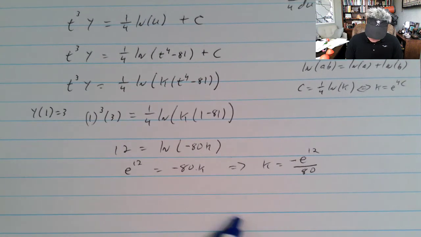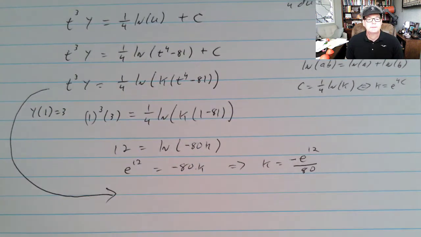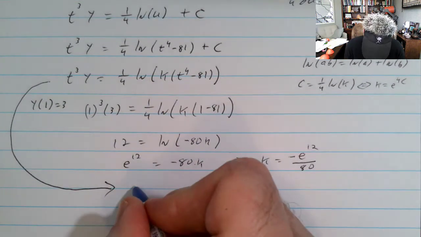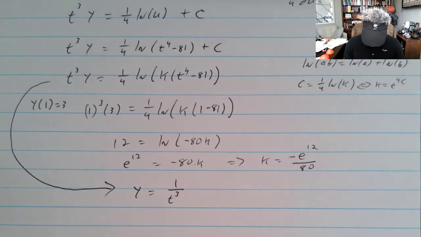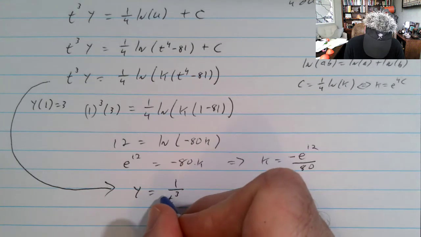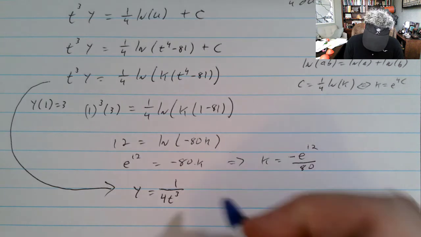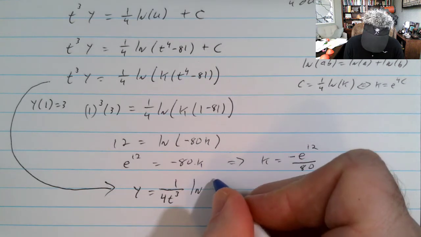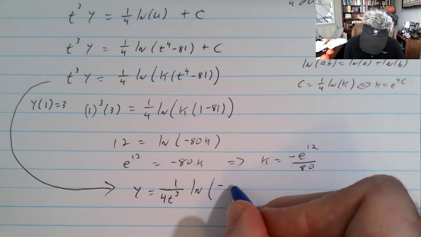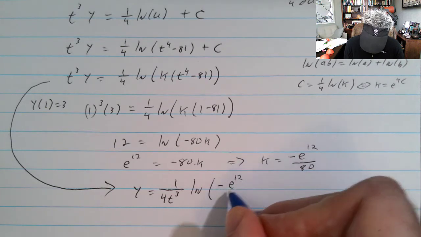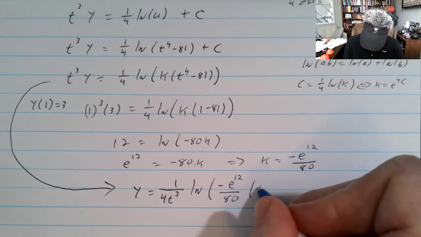So if I substitute this in, solve for y, we have y equals 1 over 4t cubed, there it is, natural log of this expression, or this constant, I should say, times t to the 4th minus 81.